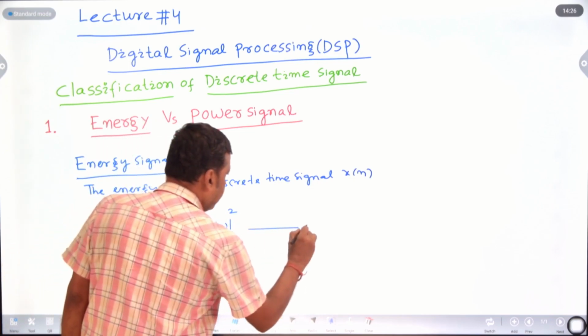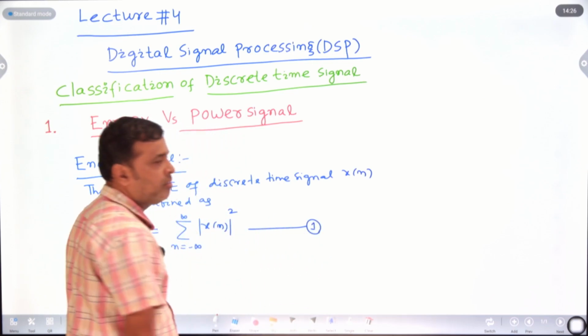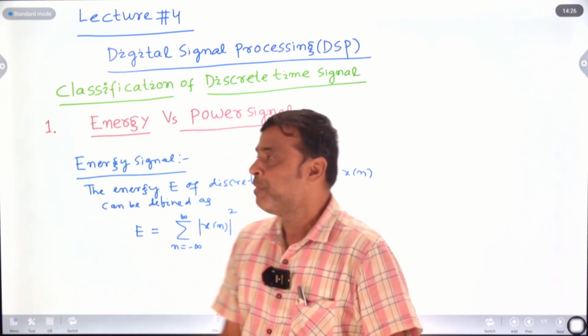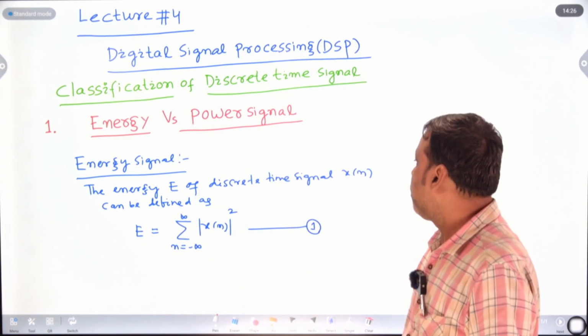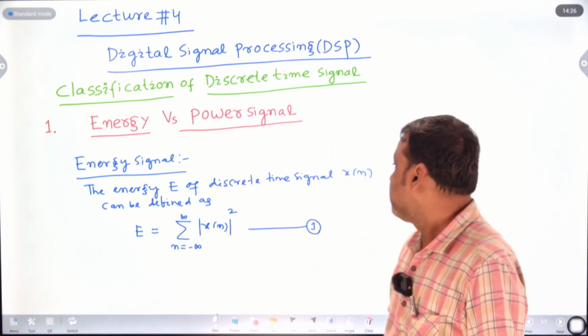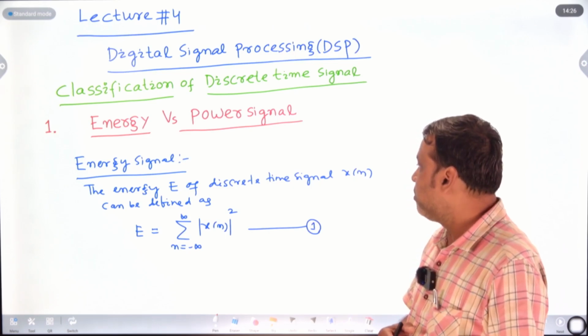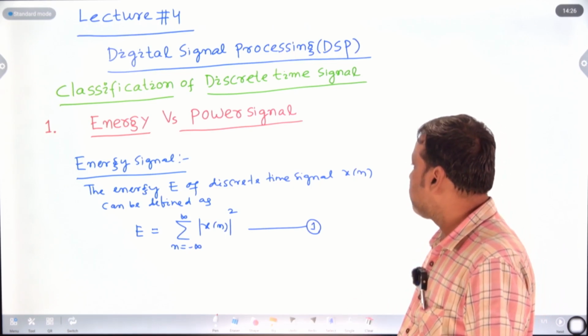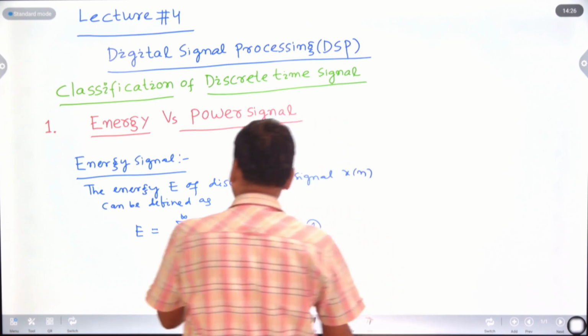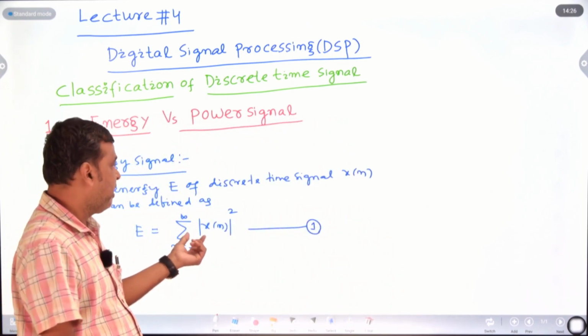It is very important as far as discrete time signals are concerned. In a continuous time signal, E equals the integral of x of t squared. So the energy E of a discrete time signal x of n is defined as E equal to the sum from n equal to minus infinity to infinity of x of n squared.